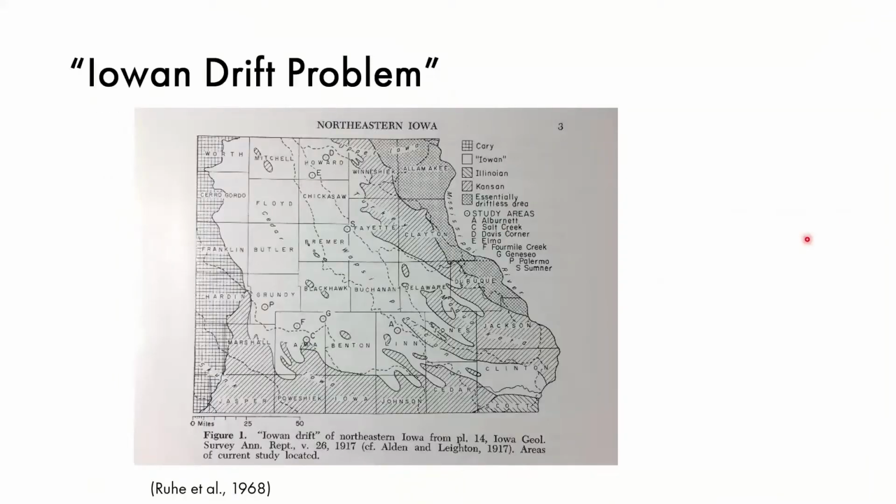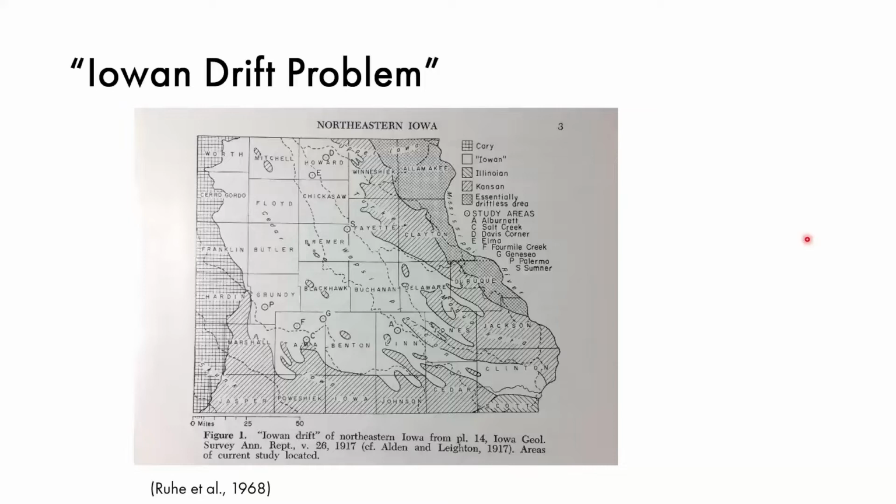And he looked at the Iowan drift problem and said, well, you know what, this shape, the drift, it doesn't make sense. You're not going to have this glacier advance like that. And what he did was he conducted a coring campaign and showed that this till, the Iowan till, is actually the same as the Kansan till. It just had the Sangamon removed.